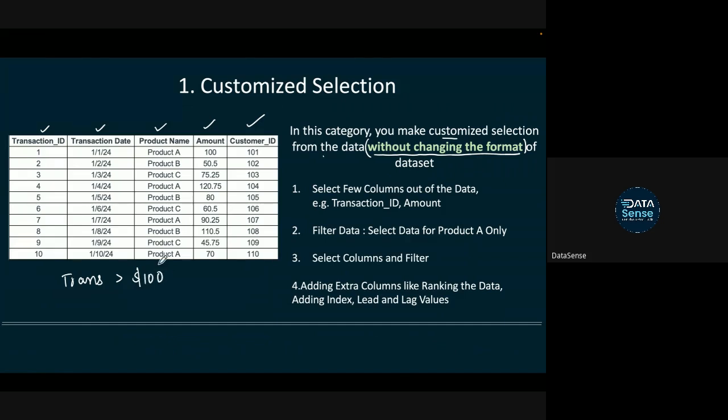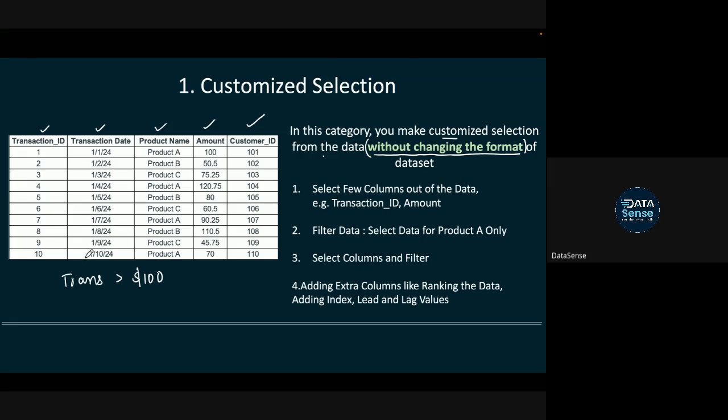Just tell me a sample SQL query based on whatever we have discussed so far. Suppose this is the table. What will you write down? Select star from table where amount greater than 100.